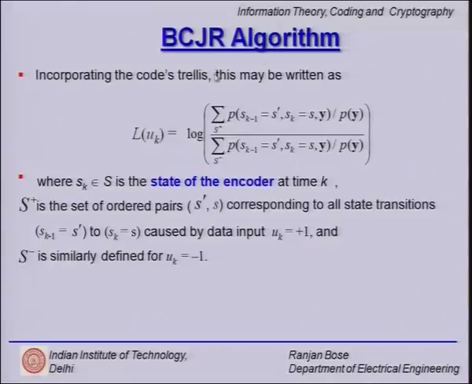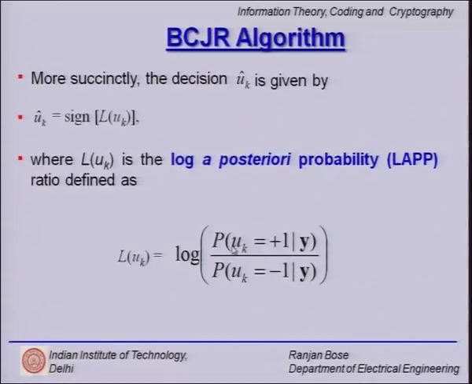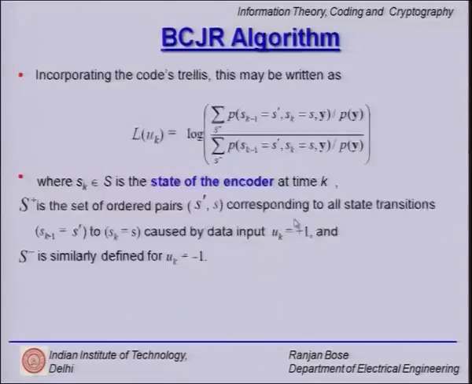Now, we go into the trellis for encoder 1 and encoder 2, and we look at these probabilities. We are trying to find out, given this vector y, what is the probability that u_k is 1. Similarly, we define these two ratios, in terms of the state of the encoder.